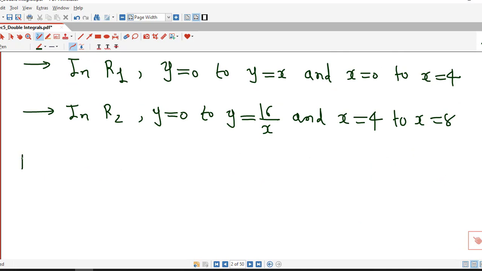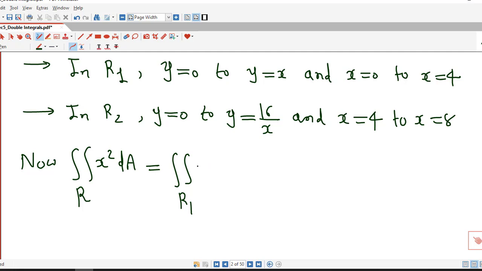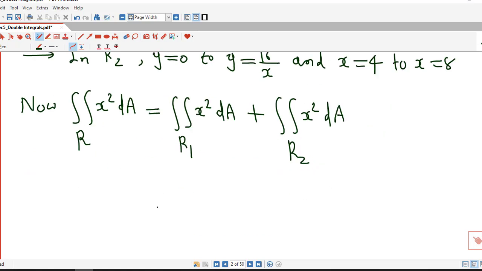So now the double integral of the given function, which is x square, over region R equals the double integral of x square over region R1 plus the double integral of x square over region R2. Because we have taken a vertical line, the first integral is with respect to y.